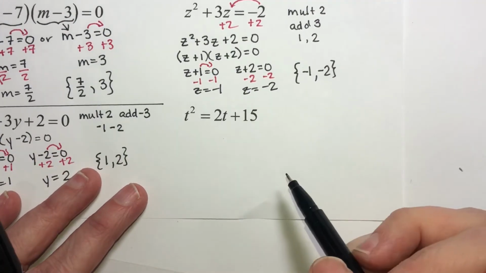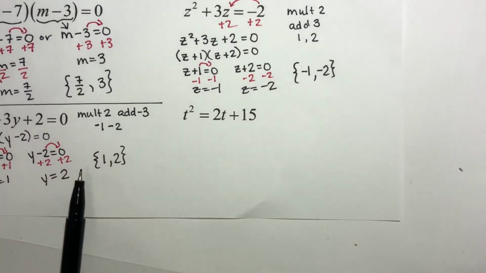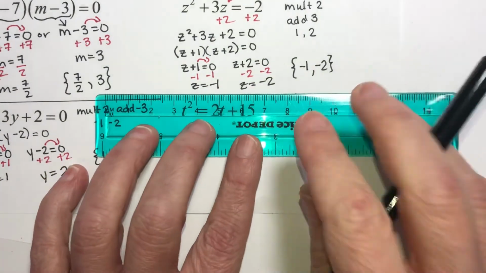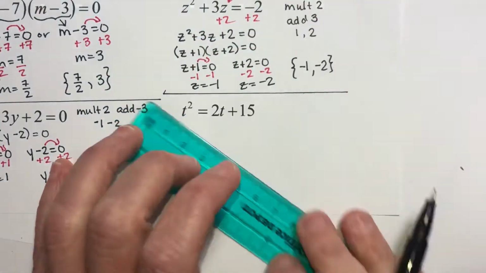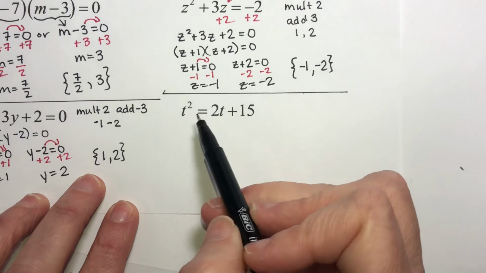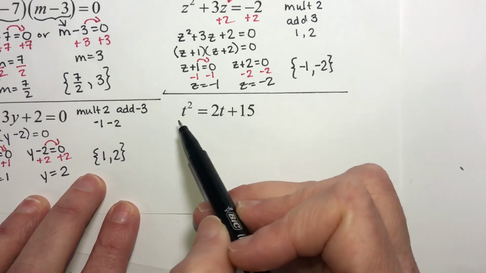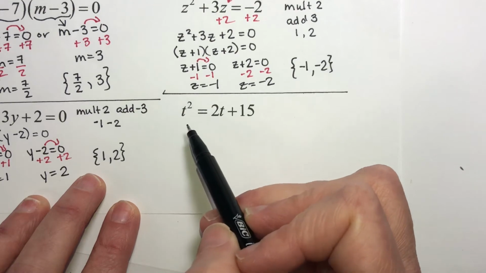Okay, so let's look at this one. I need a 0. Let me draw a line here to keep them separate. Okay, I need a 0. The easiest way to get a 0 would be to subtract t squared from both sides. But we really want the number in front of t squared to be a positive number.